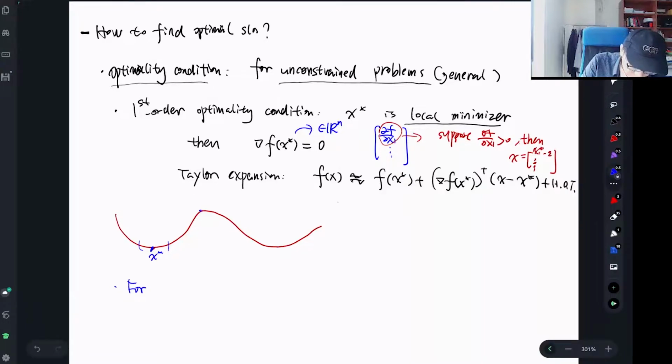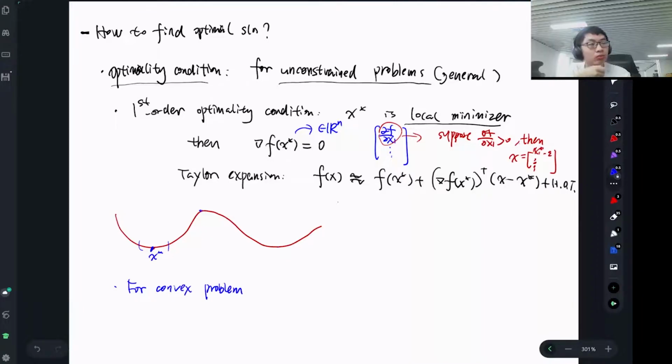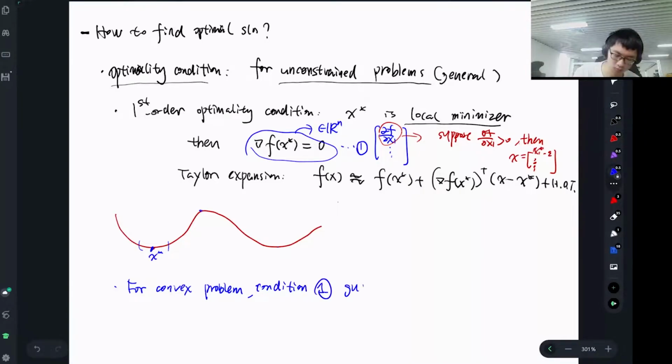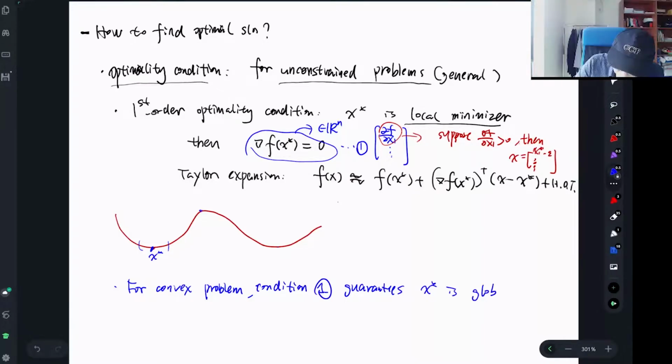For a convex problem, this condition, let's say condition 1, guarantees x star is a global minimizer.